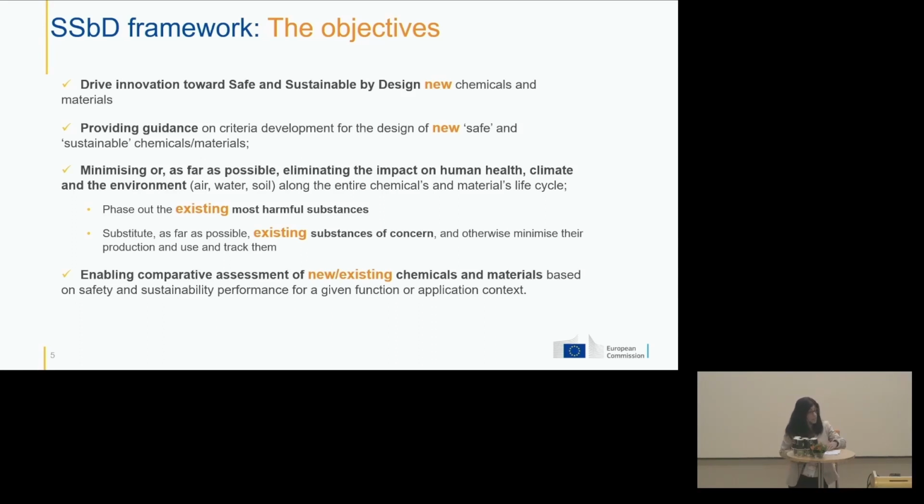What the CSS maybe doesn't mention clearly is that here it's already making the distinction between new chemicals and materials, where we should consider very strongly the design phase, but also existing chemicals and materials where safety and sustainability requirements are already set in current regulations.